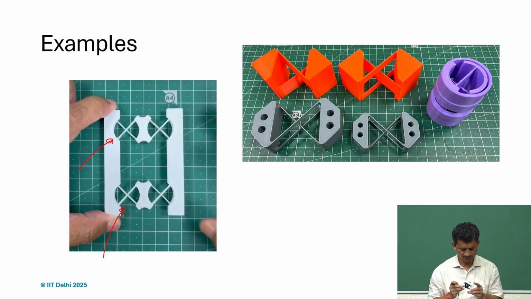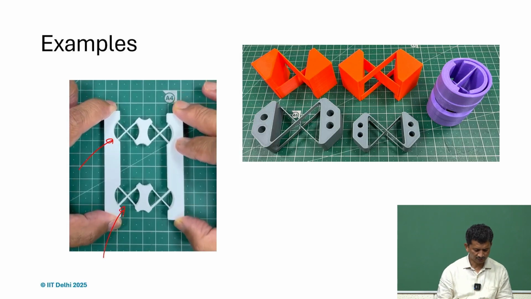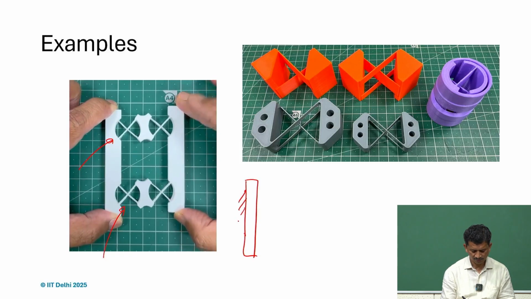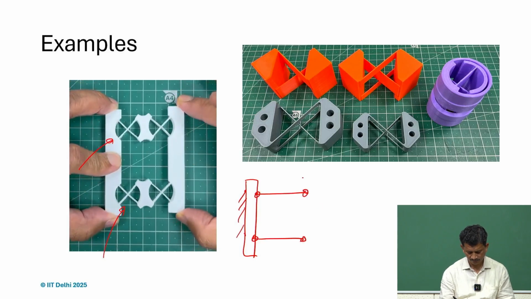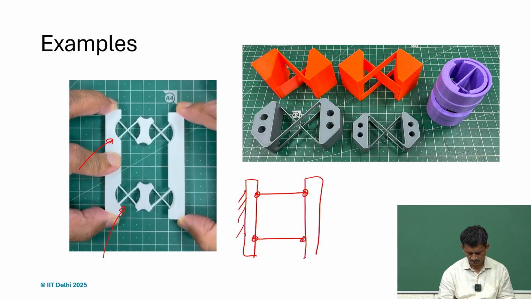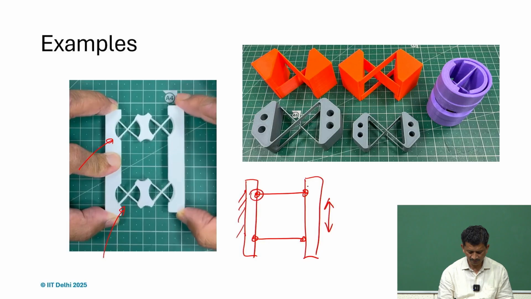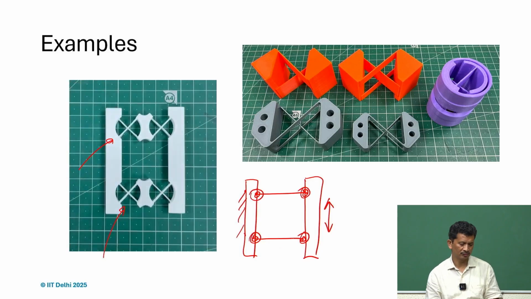This you see in the video, and this is nothing but a straight guidance mechanism, and this is based on a very simple principle. So this can travel in that way, and these pivots are just replaced with the cross flexures.